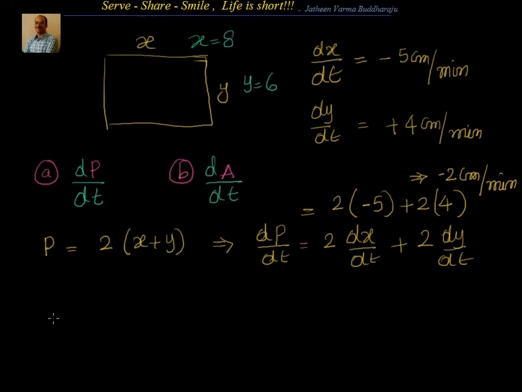Let's go and calculate A now. We know A is equal to x into y. Now we are interested in dA by dt, so we should differentiate on both sides.